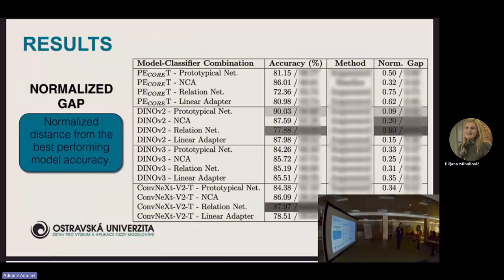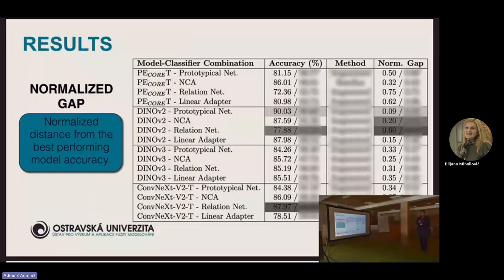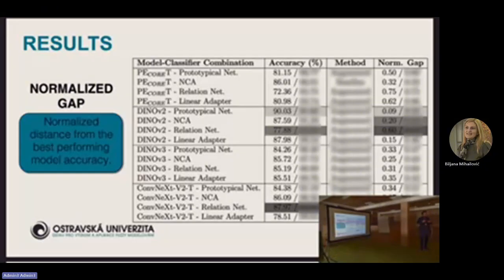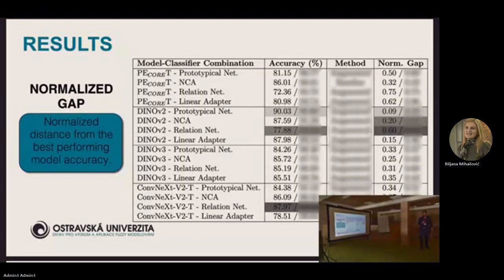And from the results, we found out that in this particular scenario, over the 3 data sets, the best performing embedder is Dino version 2, and the best few-shot learning classifier is the relation networks, which intuitively makes sense since it learns the metric itself, the similarity between the samples. So it has the highest, so to speak, degree of freedom.